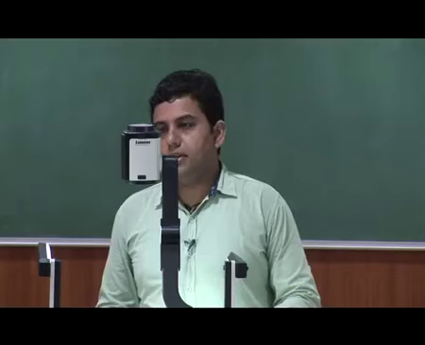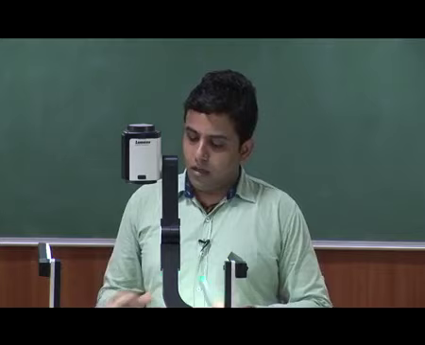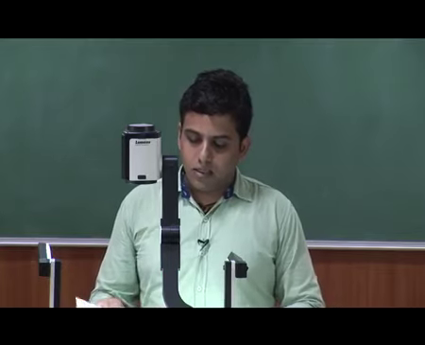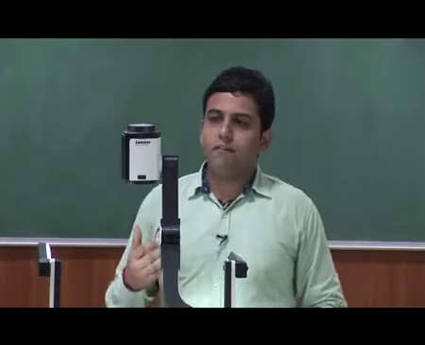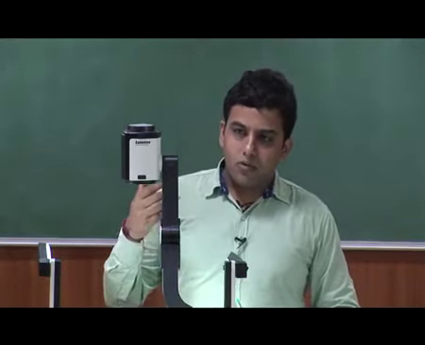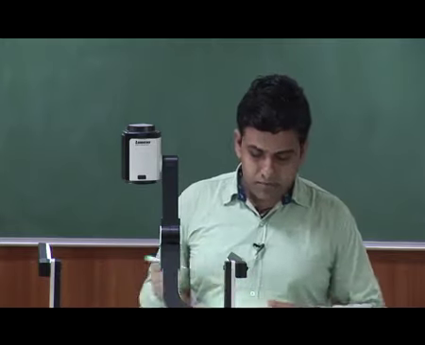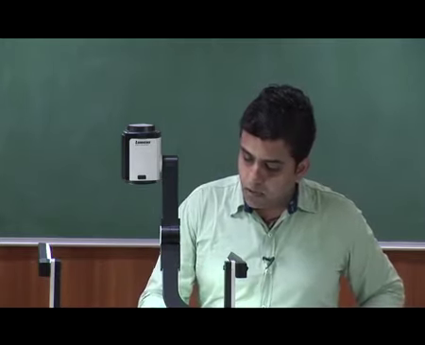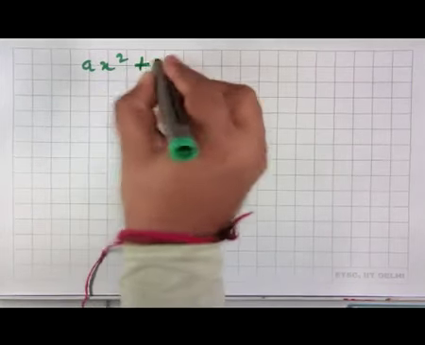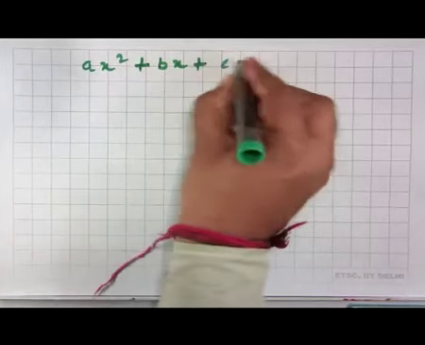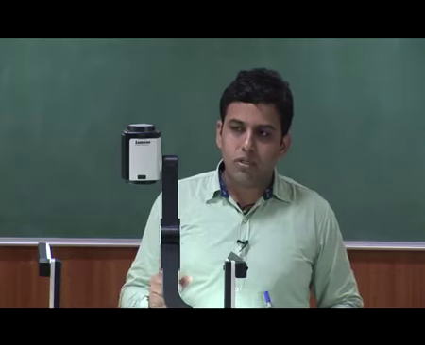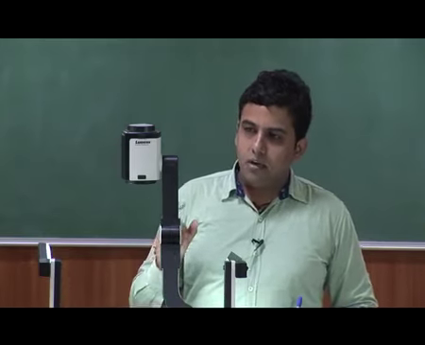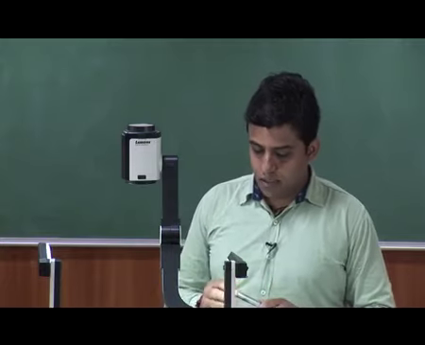Now, we shall transform another quadratic equation whose roots are negative of the roots of the given quadratic equation. Suppose ax square plus bx plus c equals 0 is our quadratic equation. Now, we will find another equation whose roots are negative of the roots of the given equation.